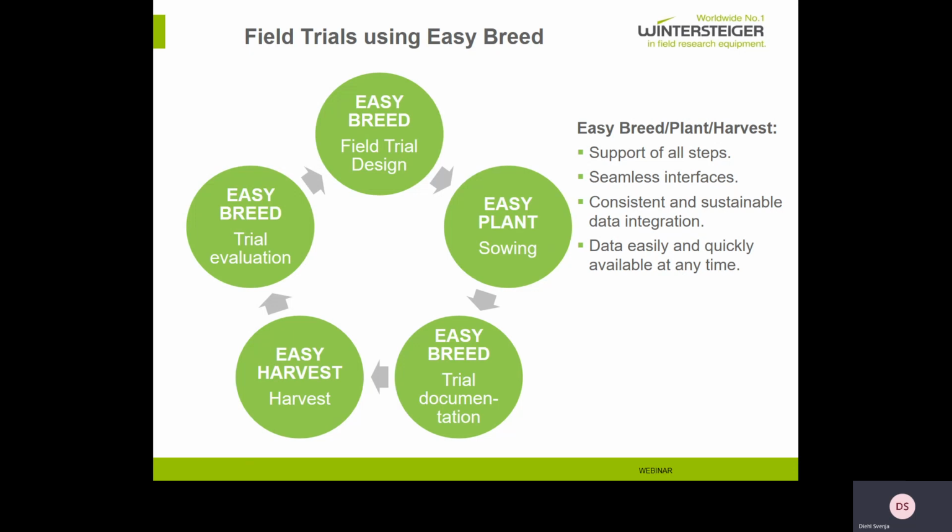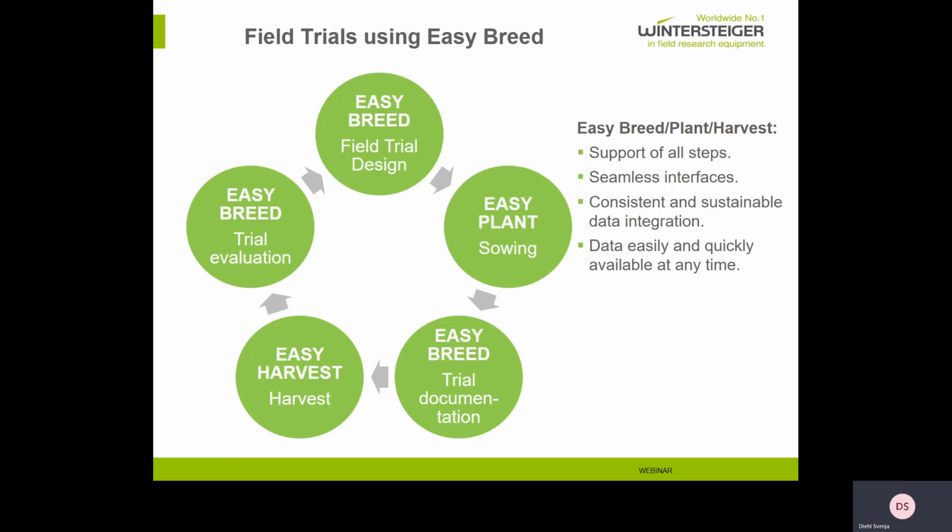But in general, EasyBreed interacts with devices of other manufacturers. EasyBreed supports you in all steps of a field trial, and all steps are seamlessly integrated. This way, errors are avoided and the whole process becomes faster and more convenient.